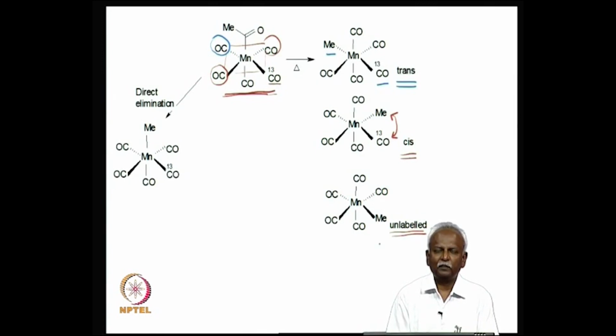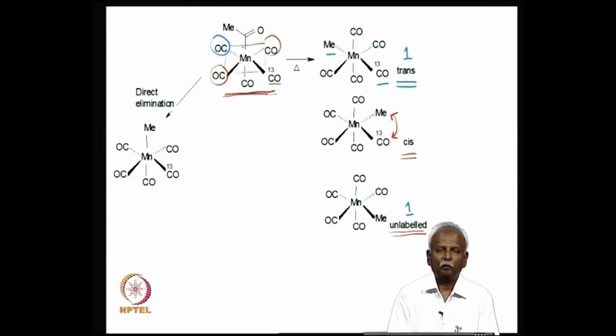The probability with which these carbon monoxides leave is about 1/4 in the case of the unlabeled isomer, because there are 4 carbon monoxides and each one of them has an equal probability of leaving when you heat this molecule. And there is only one carbon monoxide which is trans to the labeled carbon monoxide. So, this will be formed in the same ratio as the unlabeled molecule. However, you have 2 carbon monoxides which are cis related to the labeled carbon monoxide, and they are also cis related to the acetyl group.